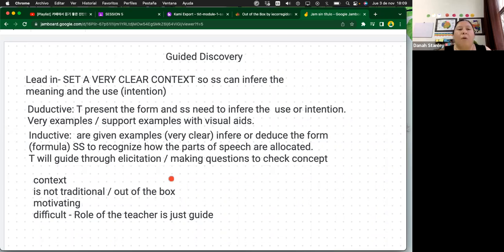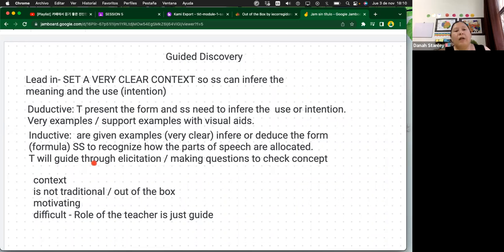So probably in here, because they are focusing on the formula, they can recognize very clearly every single part of the speech in this sentence. So they need to be familiar with the use of every single part of speech.